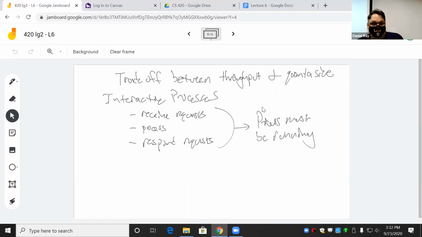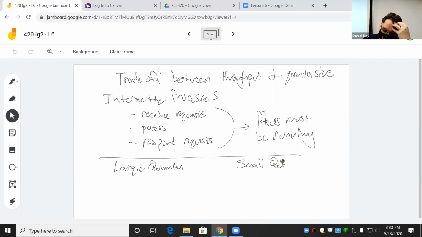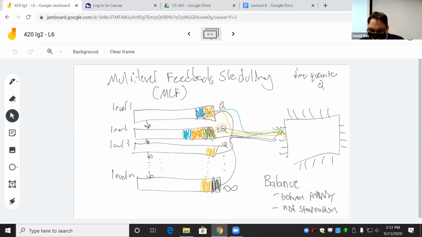Well, let me ask you a related question. Do you think it's better to have large quanta or small quanta? Now, I don't want you to get confused about this because, yeah, the quanta updates at each level, but we can still answer the same question about that fundamental quanta, that basic quanta that determines what all these other values are.